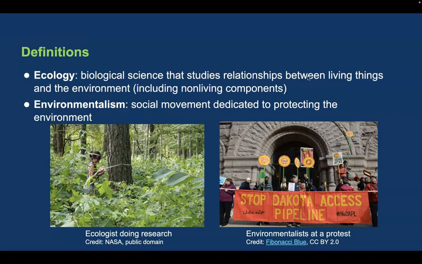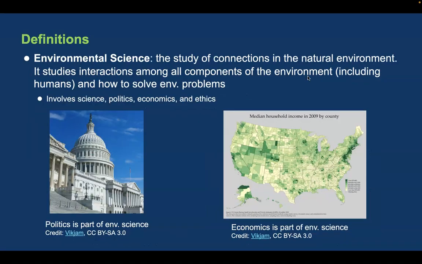It's going to take into account ecology, okay? But it's also going to take into account all of these other components, including the human factor, on how to solve some of these environmental problems. So not only does environmental science include ecology, but it also includes politics and economics and ethics. So again, environmental science is really more of an interdisciplinary study.